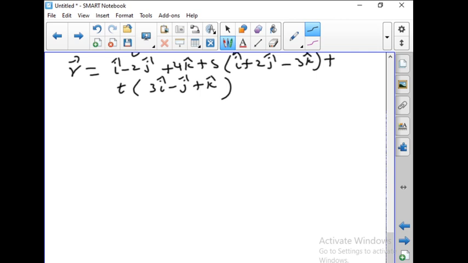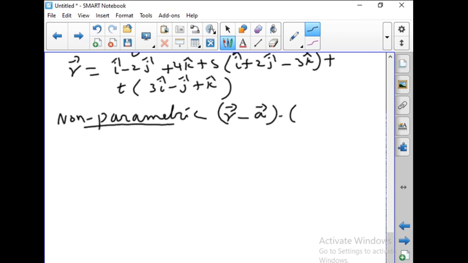The non-parametric equation is (R vector minus A vector) dot (B vector cross C vector) is equal to 0. So we have to find B vector cross C vector.